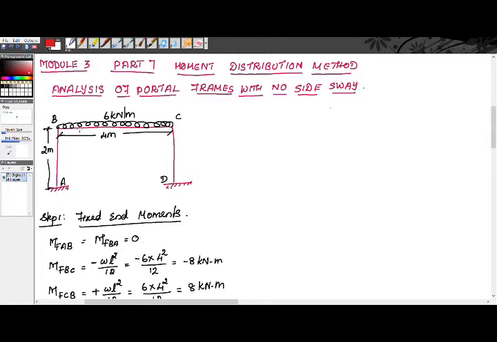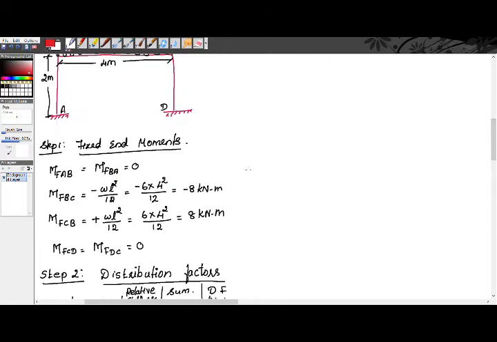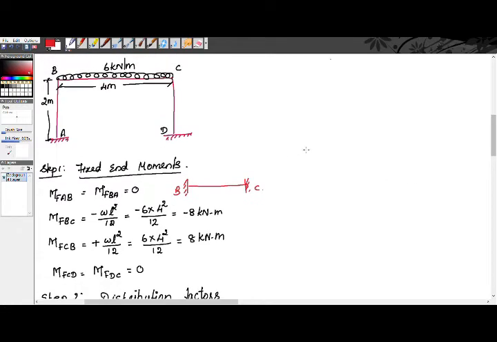Now we will consider the second span, that is BC, horizontal span BC. So for BC you have a UDL of 6 kilonewton per meter. The span length is 4 meter. So the formula is M of BC is equal to minus WL square by 12. I have already explained to you why it is minus, because when we are considering BC and we consider the end supports as fixed, there will be negative moments, right?